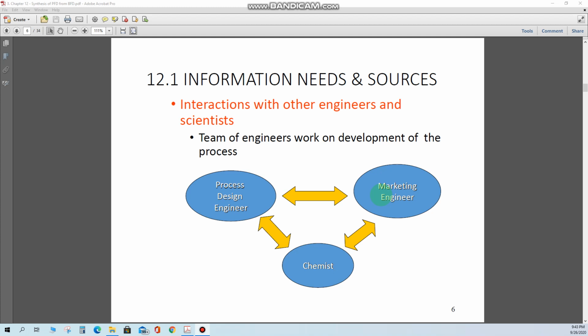And who could be the marketing engineer? He should have some information about chemical engineering, and many chemical engineers enroll in the marketing engineering domain because they have better information on the process. Why? Because the chemical engineer can analyze how increasing the purity of any product will impact the price of the product.